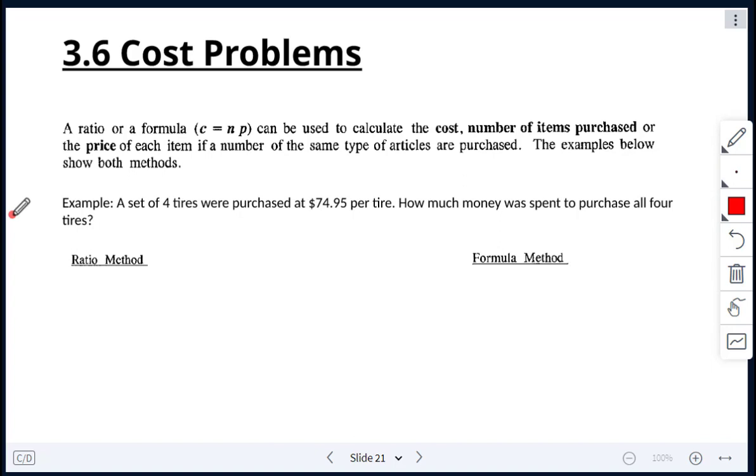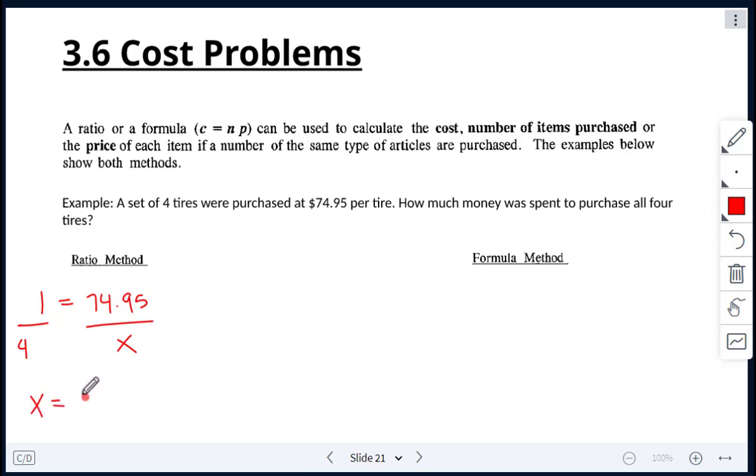How much money was spent to purchase all 4 tires? So if you were using the ratio method, we know that 1 tire is equal to $74.95. What about 4 tires? That would be equal to, that's what we're trying to solve for. So X would be equal to 4 times $74.95 divided by 1.